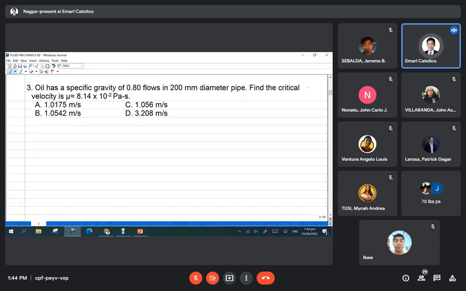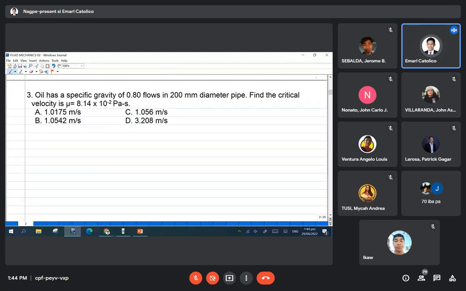Then number 3. Oil has a specific gravity of 0.8 and flows in a 200 millimeter diameter pipe. Find the critical velocity if viscosity is equal to 8.14 times 10 raised to negative 2 Pascal second.